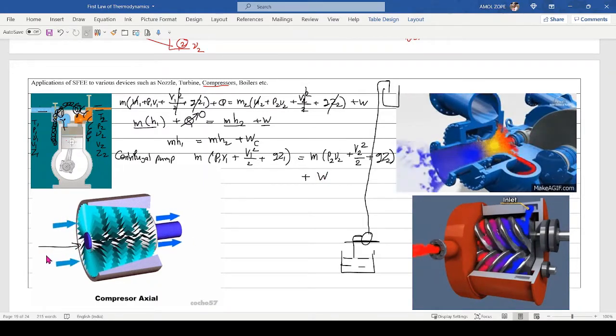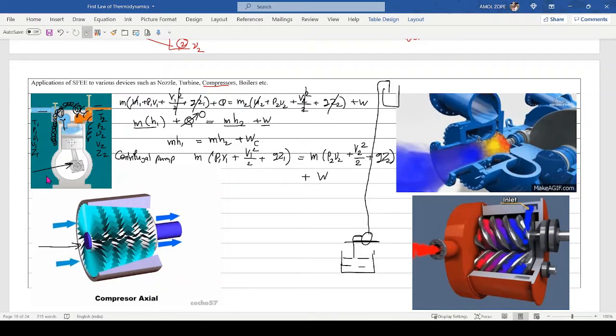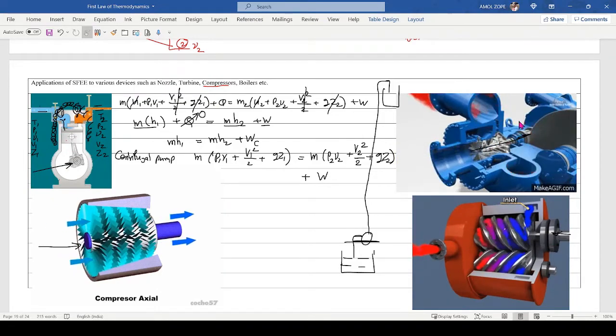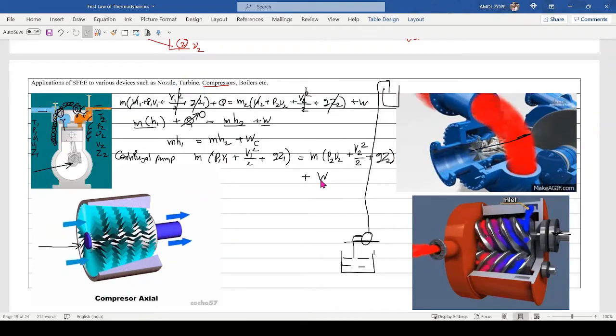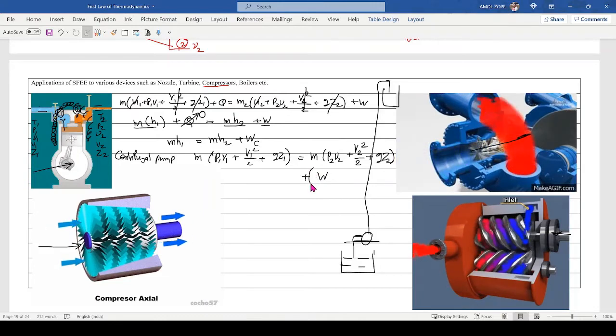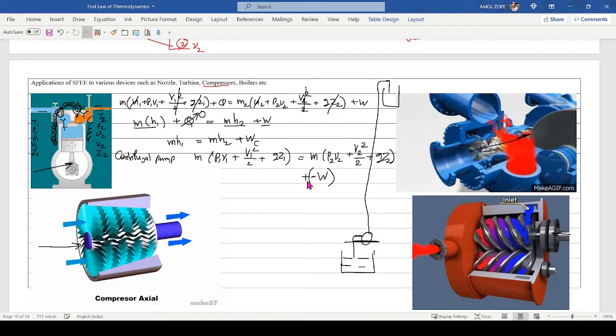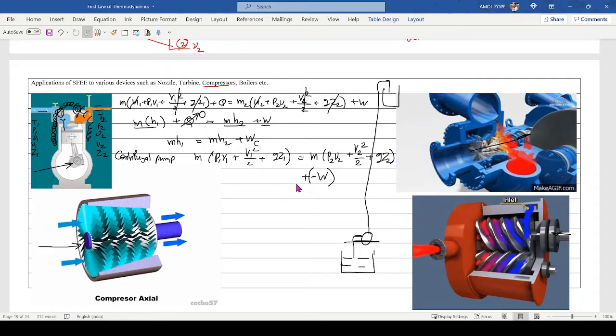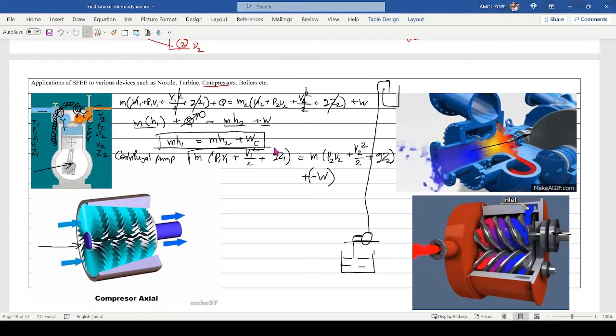Somebody has to rotate this shaft, this crankshaft, the driving shaft of these lobes. At the center there is a shaft, and at the back side there is a certain mechanism, say a turbine or an electric motor, that will be giving the energy to these turbine blades. So the work energy is, really speaking, minus W. Our sign convention is this way.